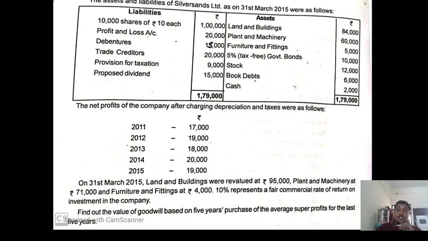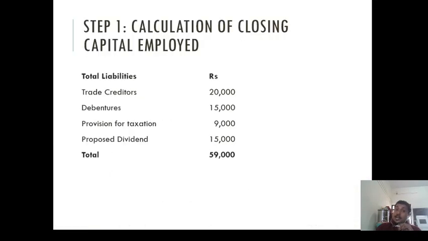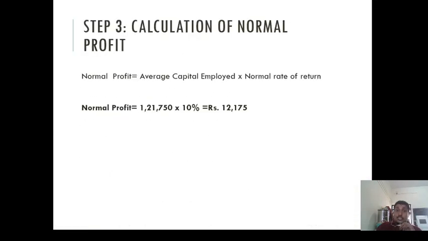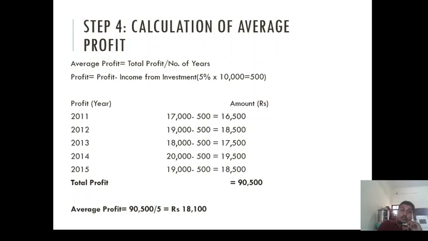17,000 minus 500, then we get the real profit for 2011. 17,000 minus 500 is 16,500; 19,000 minus 500 is 18,500, the profit for 2012. 18,000 minus 500, 17,500 is the profit for the year 2013. 20,000 minus 500, that is to say 19,500 is the profit for the year 2014.